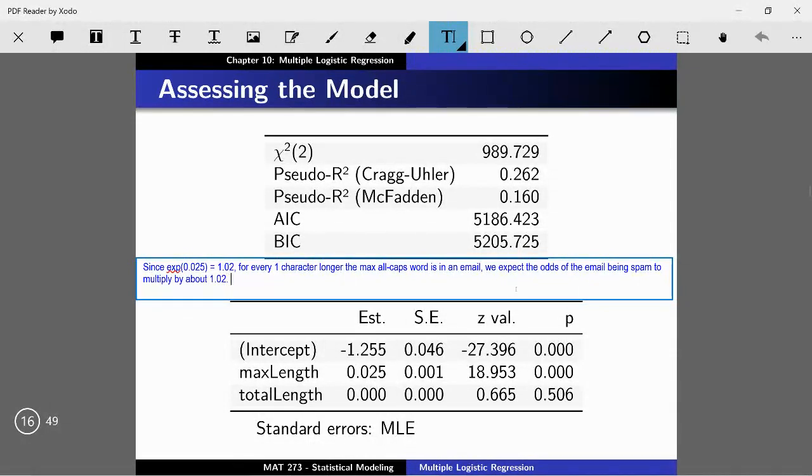So not very much. The odds won't change much multiplying by 1.02. In other words, the odds increase by about 2%.